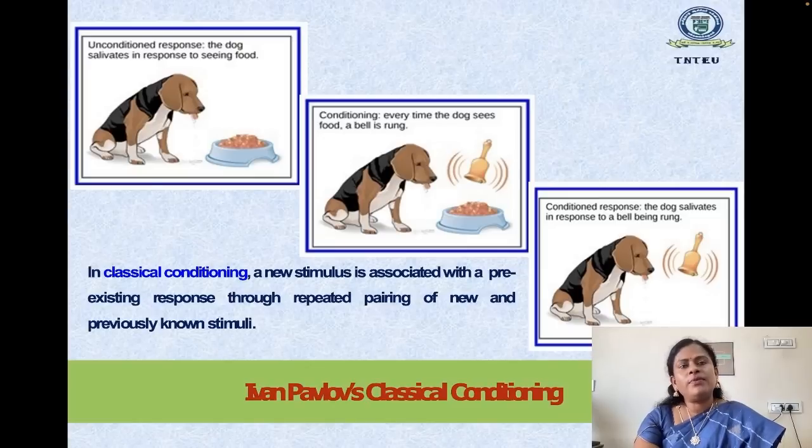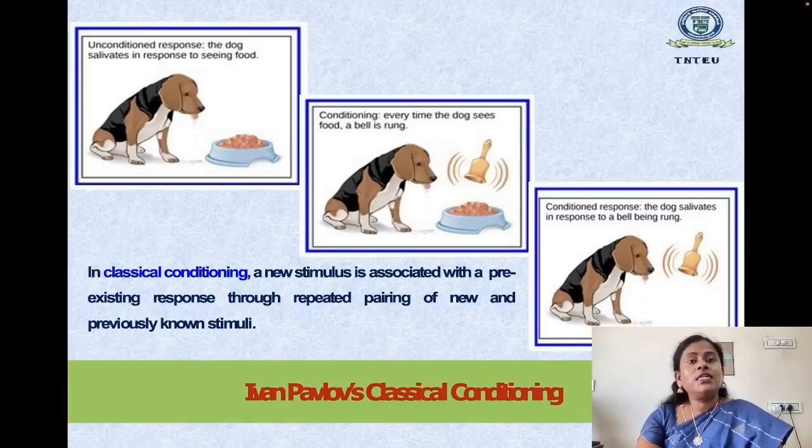The most famous example of classical conditioning comes from Ivan Pavlov's experiment in which dogs were conditioned to drool, a response previously associated with food, upon hearing the sound of a bell.